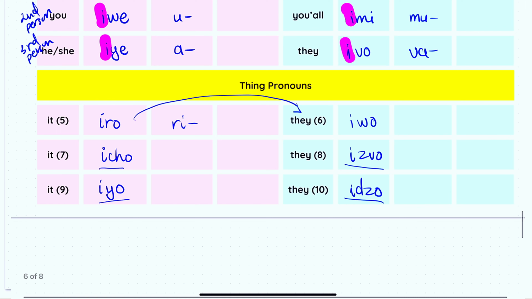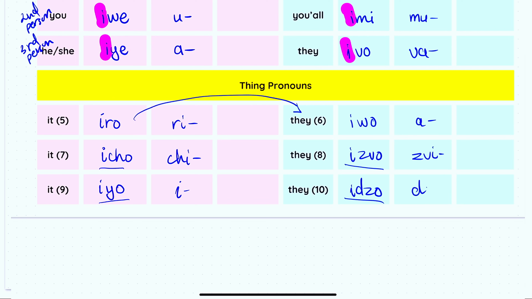Icho's concord is chi. Iyo's concord is i. Iwo's concord is a. Idzo's concord is zi.